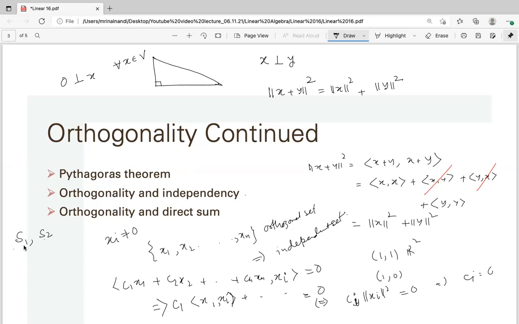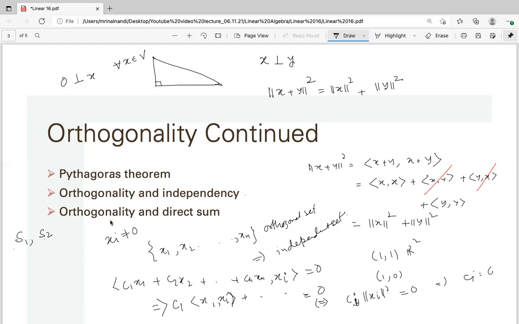This is called the bootstrapping principle. First you say S1 and S2 are orthogonal, then you show the span of S1 is orthogonal to S2, then you show the span of S2 is orthogonal to the span of S1. Do it one after another; don't just take an element from the span of S1 and an element from the span of S2 at once. Go step by step.